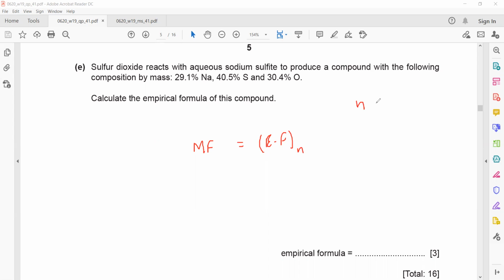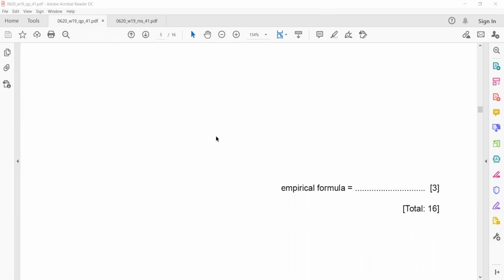N is molecular mass divided by empirical mass. So molecular mass should be given to you, and using that, first you find N, and N is multiplied by the empirical formula to get the molecular formula. But because information about the molecular mass is not given, you cannot find the molecular formula without that information.